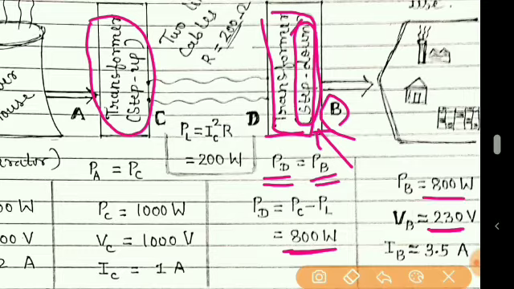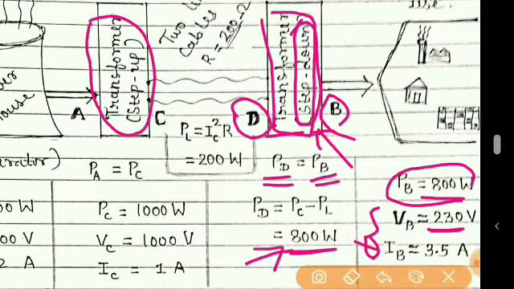Power remained same as earlier, which was at point D, that is this much, 800 watt. And so the current will be 3.5. You can multiply this to V into I, you will get nearly equal to 800 watt.